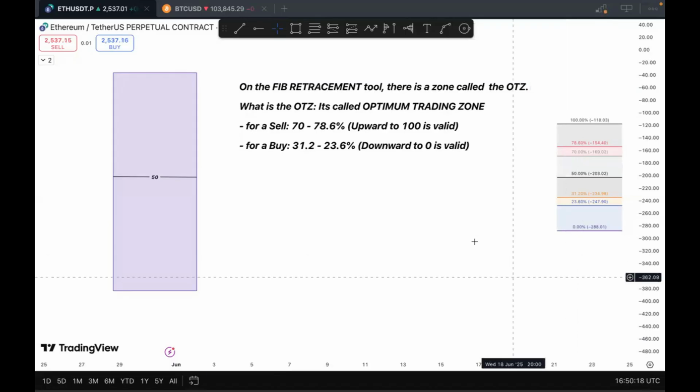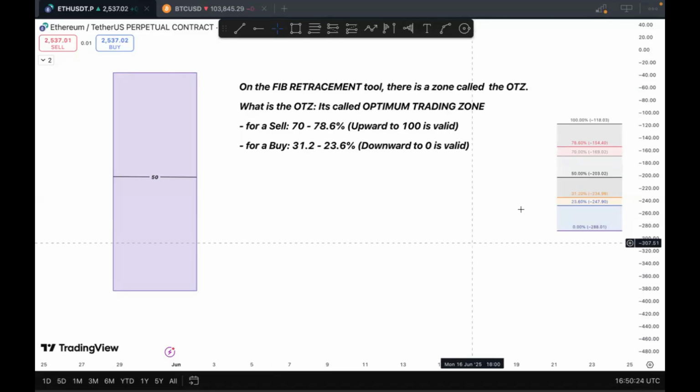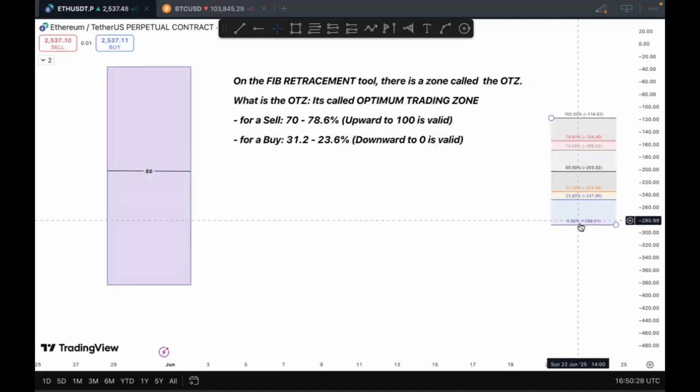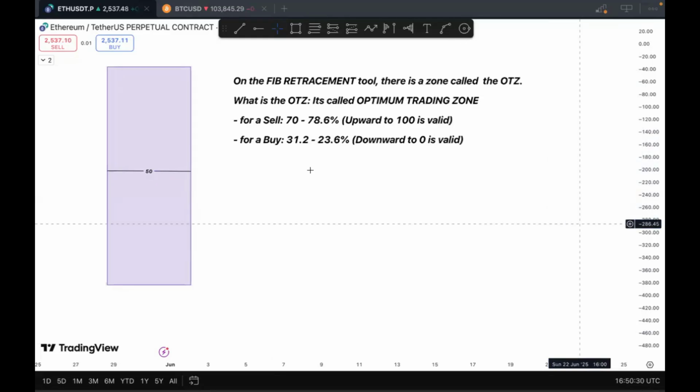So for a buy, 31.2 to 23.6%, downward to zero is valid, okay? So I'm going to explain that to all. So can we see my Fibonacci retracement tool?